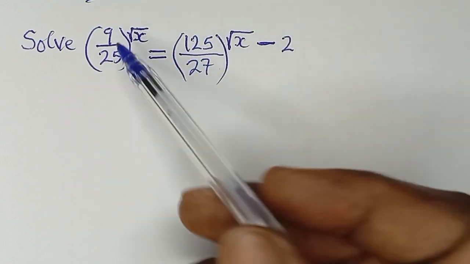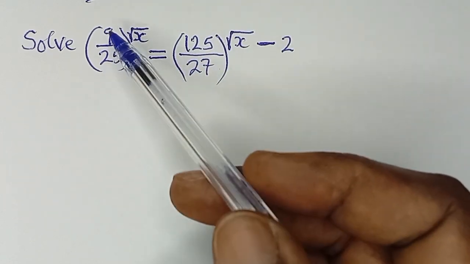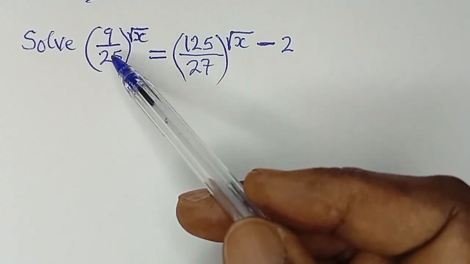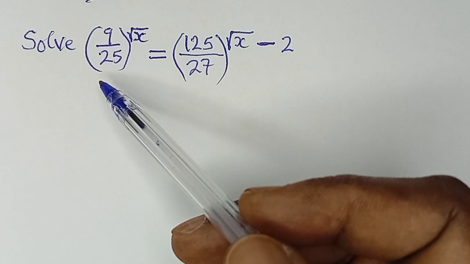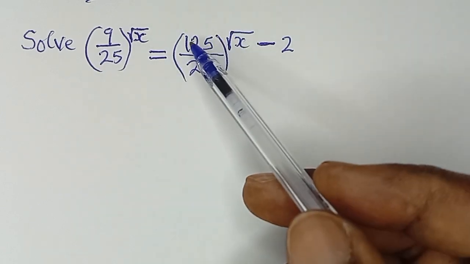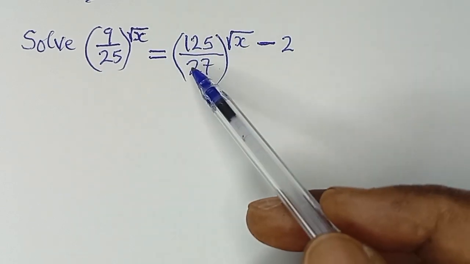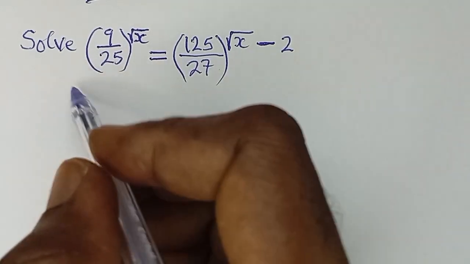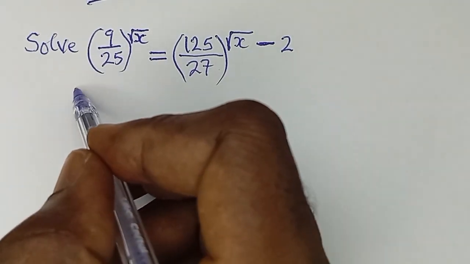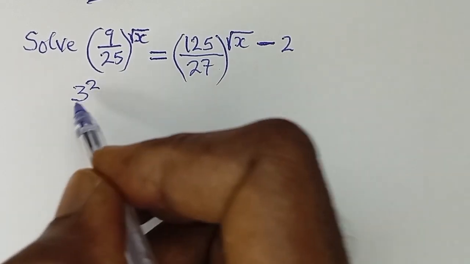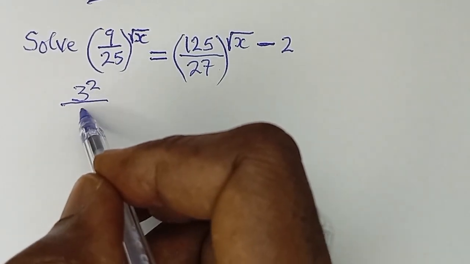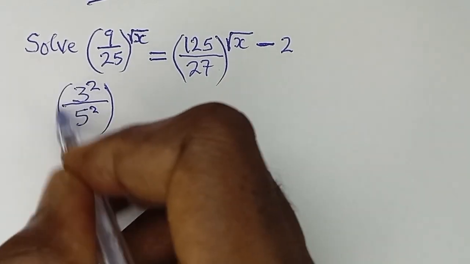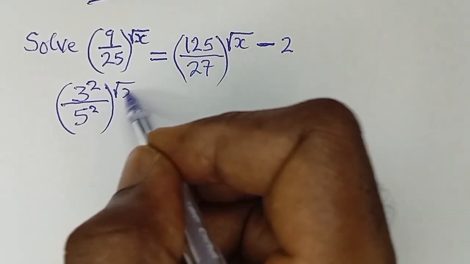Now, if we look at this 9 and 25, we can break the 9 to base 3 and the 25 to base 5, just as we can also break the 125 to base 5 and the 27 to base 3. So let's write that down. 9 is 3 raised to power 2 over 25, which is 5 raised to power 2, all raised to the power √x.